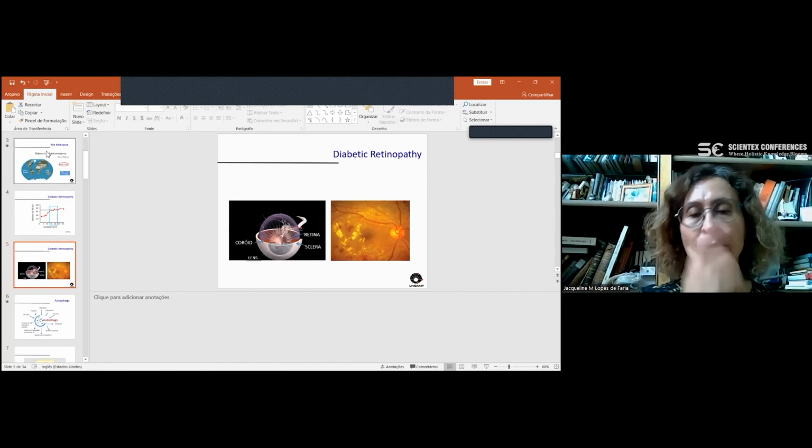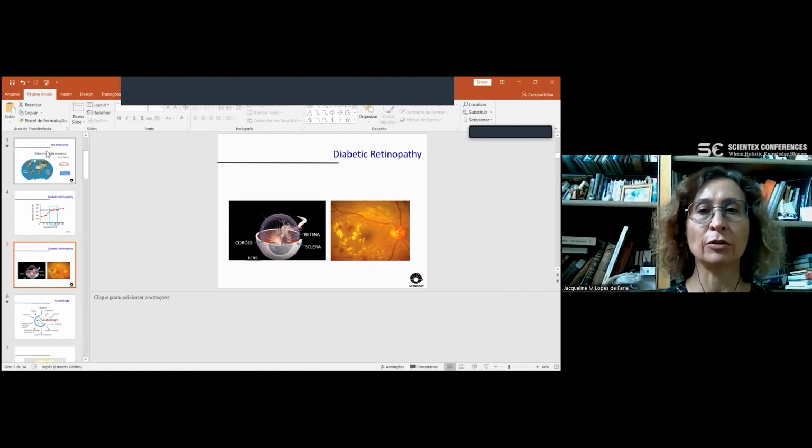And here on your right side, I'm showing you a retinography of a patient with diabetes presenting a very exuberant macular edema with a lot of hemorrhage and exudates in the retina, which drops the vision pretty much.